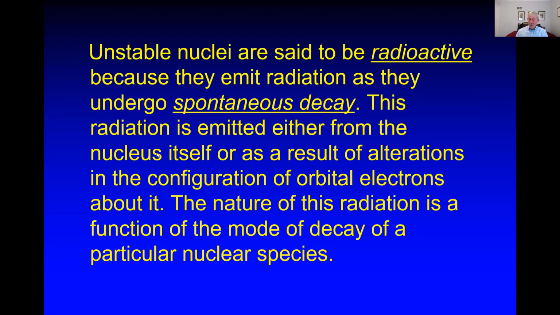They can come from the nucleus itself, and they can also come from alterations in outer electron orbitals. Their configurations can be changed, as I mentioned earlier, by having an electron knocked out. And so we'll take a closer look at that a little bit later. But just keep in mind that radioactivity can cause things going on in outer orbitals, such as X-ray production, characteristic X-ray production, and also Auger electron production.